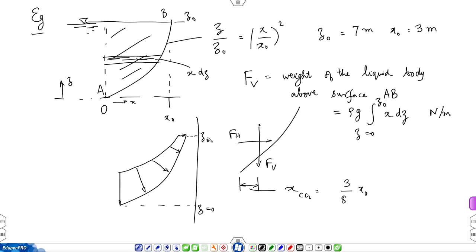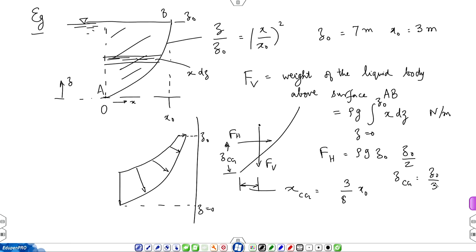It's the same analysis as last time. So, F h will be equal to rho g z 0 divided by 2 and the point of action is z 0 divided by 3.